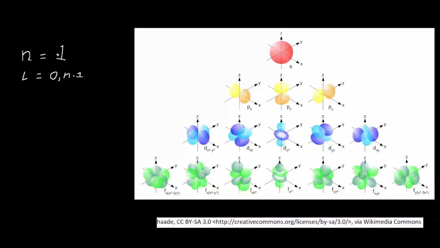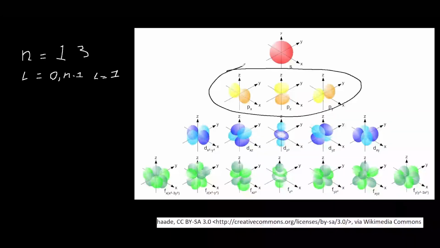I would just say that n is equal to 2, and l is equal to 1. That's talking about this set of subshells.